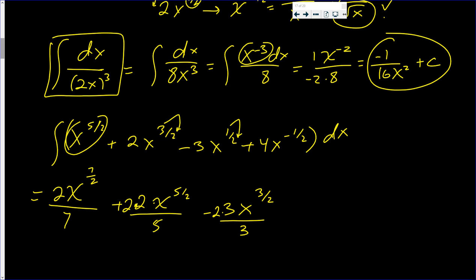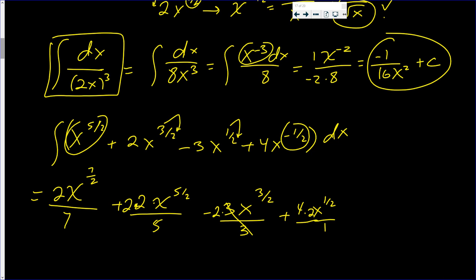Plus 4. You add 1 to that power, you get a half. So you divide by 1 over 2. Dividing by 1 you don't have to bother with. Plus c. So the only changes I would make is I would call that 4, and I wouldn't write this.